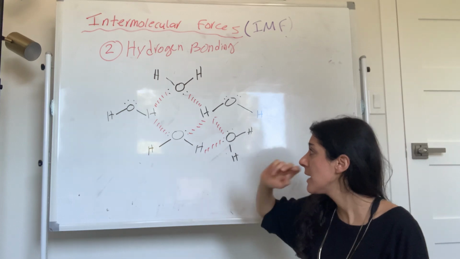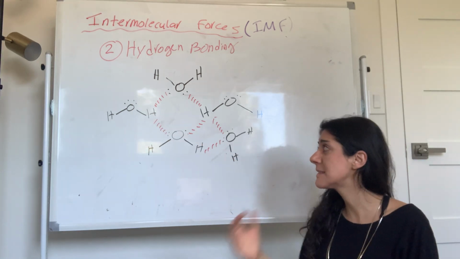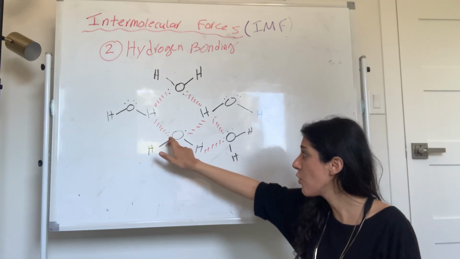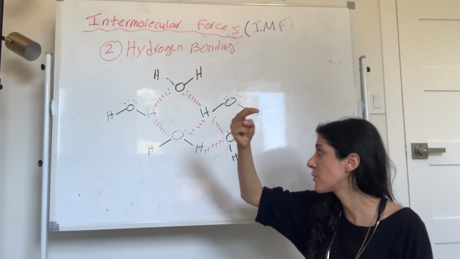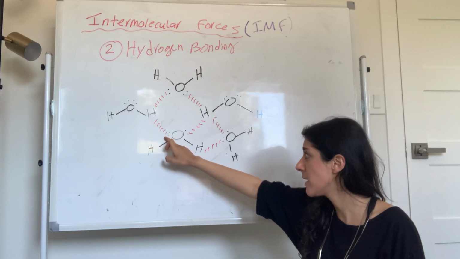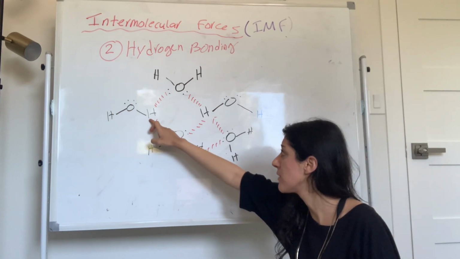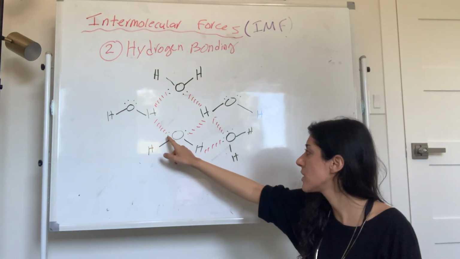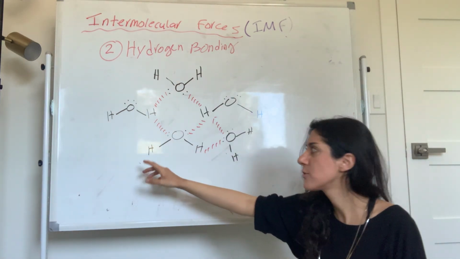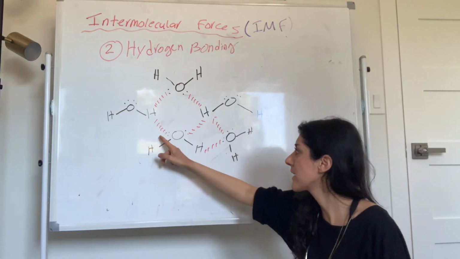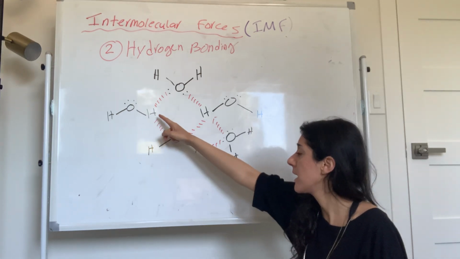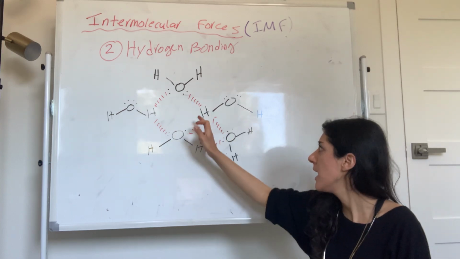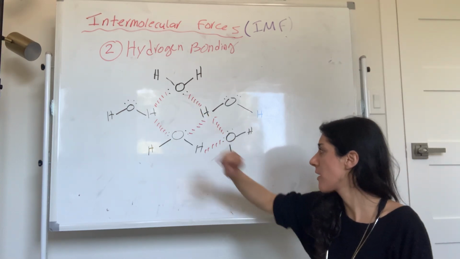So this hydrogen is desperate for electrons and is going to be attracted to the lone pair of oxygen, nitrogen, or fluorine. So this oxygen has a lone pair, and there's going to be a force between this hydrogen that is desperate for electrons and this oxygen that has a lone pair. So electron deficient meets has electron. These are all hydrogen bonding. Okay, so far so good.